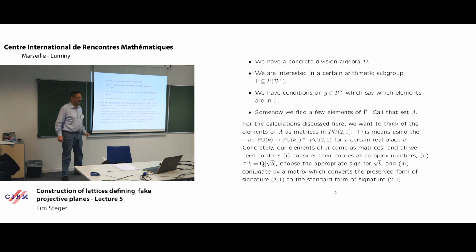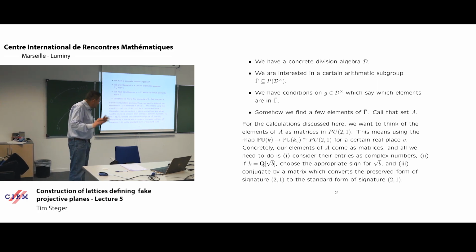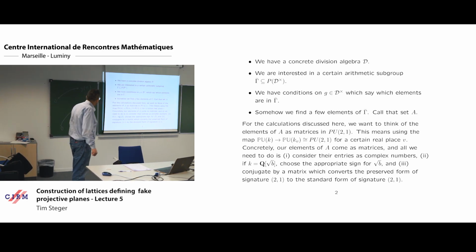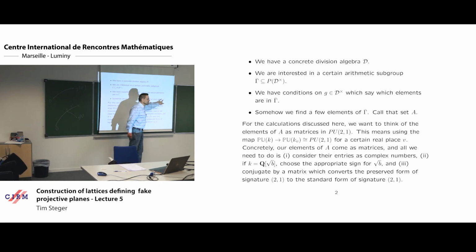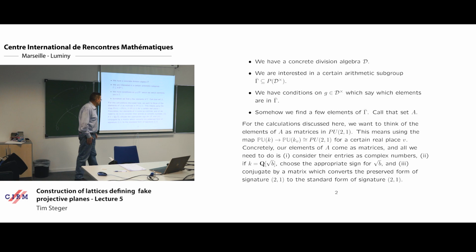Now, that step I am not going to discuss, but as in one of Donald's talks 2 days ago, it involves a computer search. You look through many possibilities. So the set of elements that we find is called A. This is not usually a very big set. I think normally it ended up being 3, 4, 5, 6 elements.